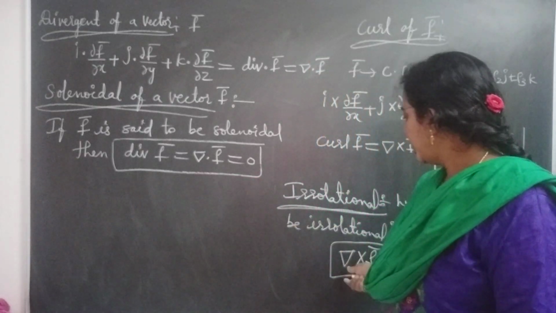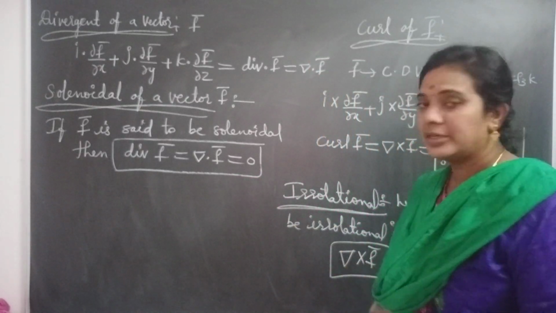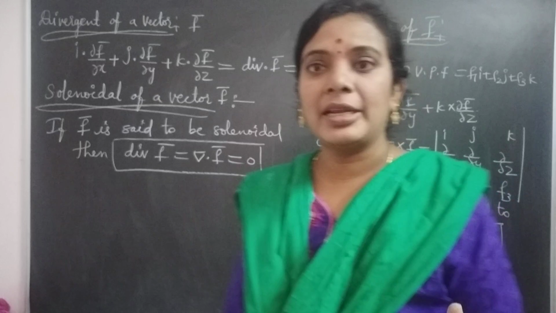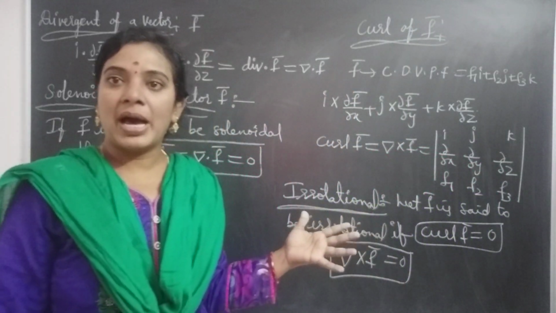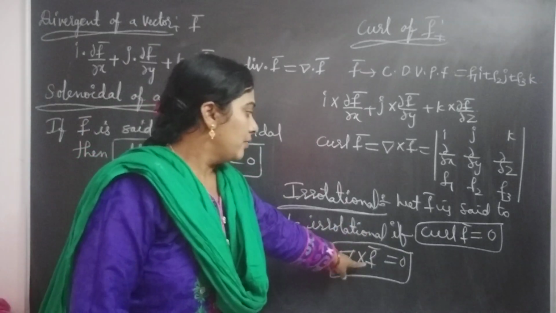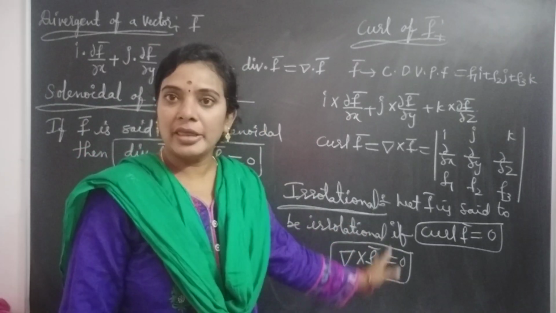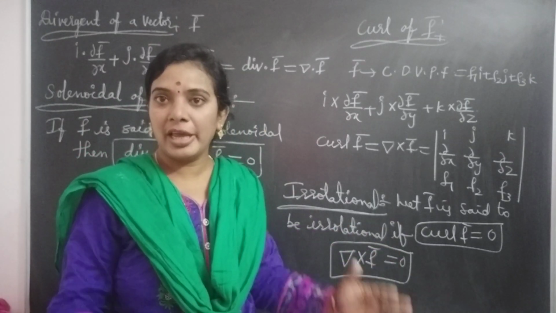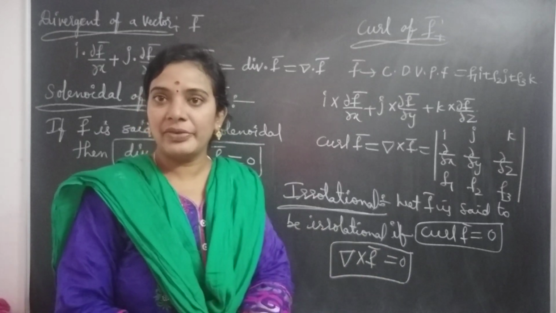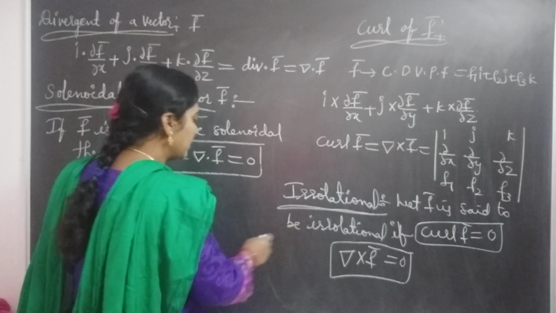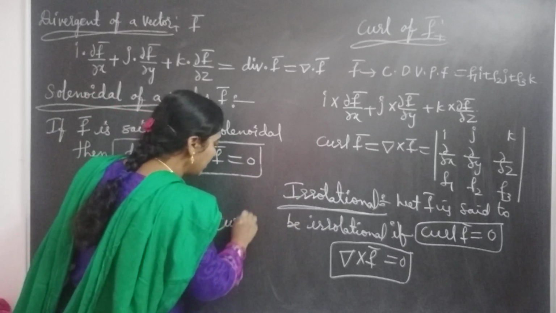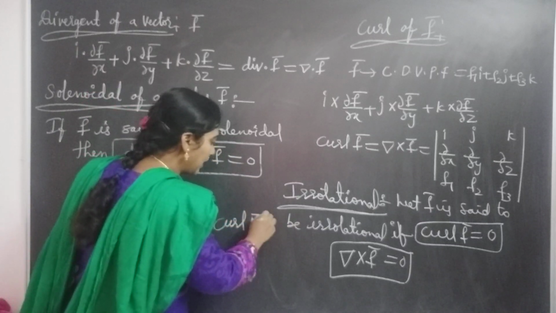In the cross product, when curl f bar is equal to 0, then the vector differentiable function f bar is irrotational. In the irrotational condition, we can find the conservative force of any field. Conservative force means the relation is curl f vector.